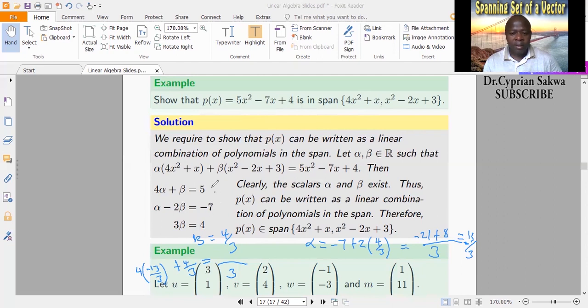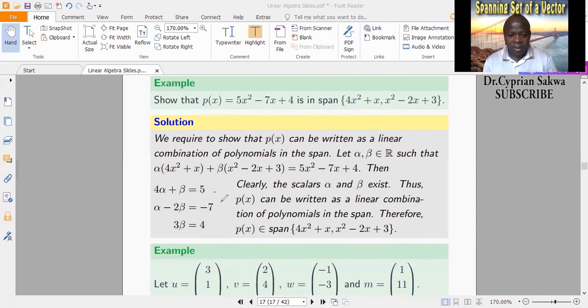So I think the term there is they exist, and if they exist, that is okay. But if they do not exist, they will say that this cannot be written in terms of this. But now it's very interesting. We need to know. Maybe we look at this one later, because I'm seeing that they exist.